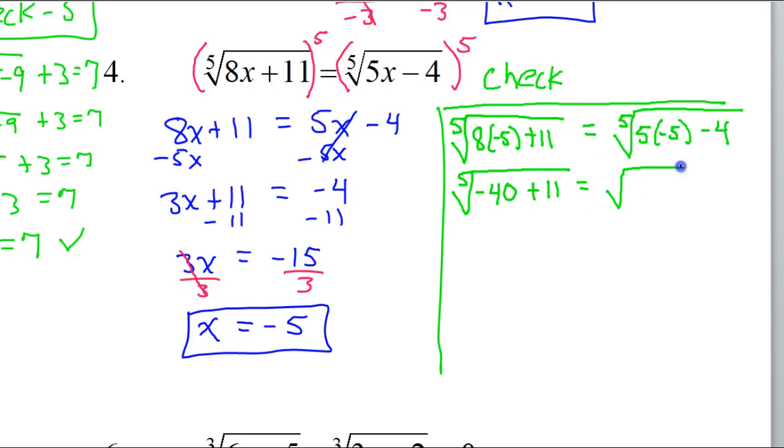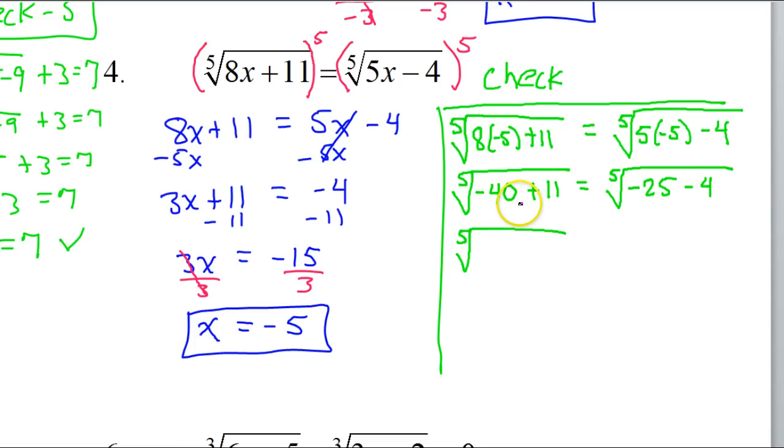And over here, we've got the fifth root. Alright, 5 times negative 5 is negative 25. And so that's negative 25 minus 4. Okay, so fifth root.